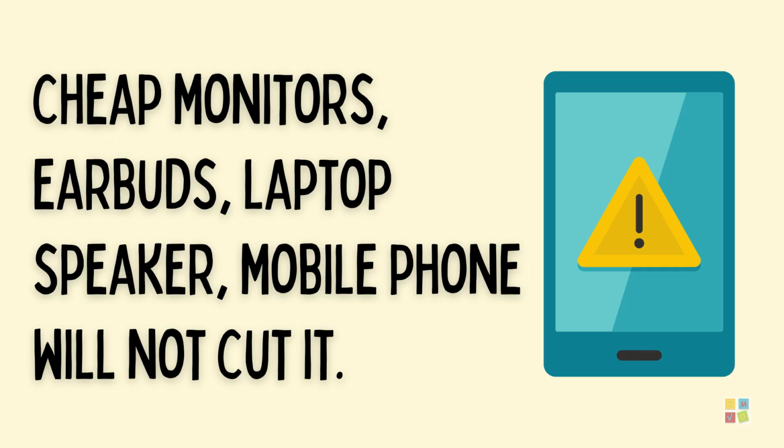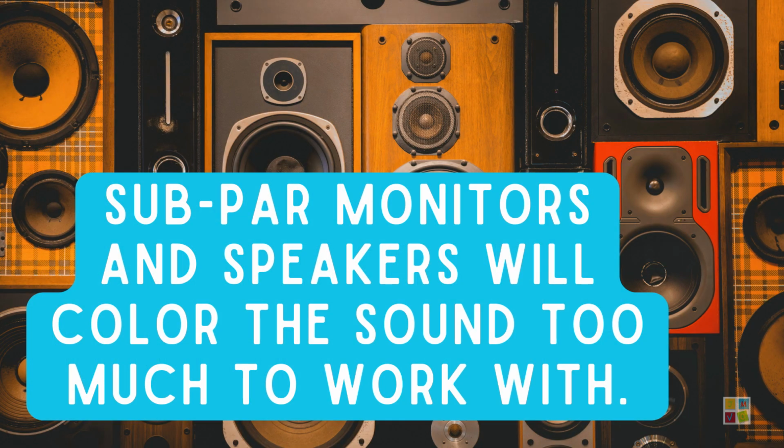Monitors are an exception to the try the cheapest option first rule, as cheap multimedia speakers, earbuds, and that little speaker on your laptop will not give you a full enough frequency response to allow you to make good decisions on what needs to be done with your source track. And just like microphones, monitors can color the sound by artificially boosting or lowering certain frequency ranges, and you want as neutral or transparent a reproduction of the original source as possible.